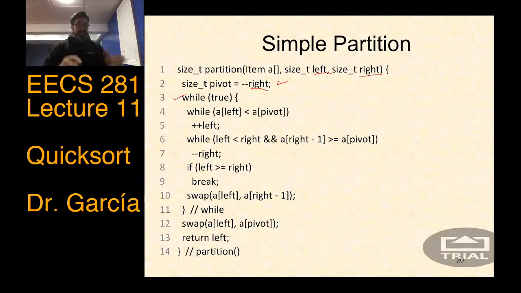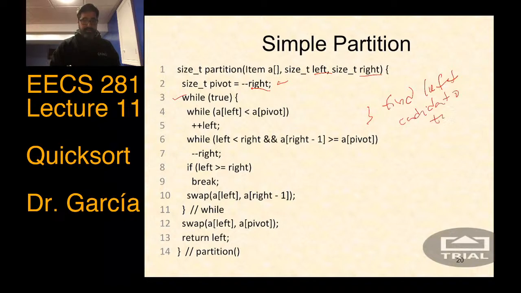But for now, we're basically going to say, while true, this section of code is find left candidate to swap. These are lines 4 and 5. Then here, I'm doing the same thing, find right candidate to swap.